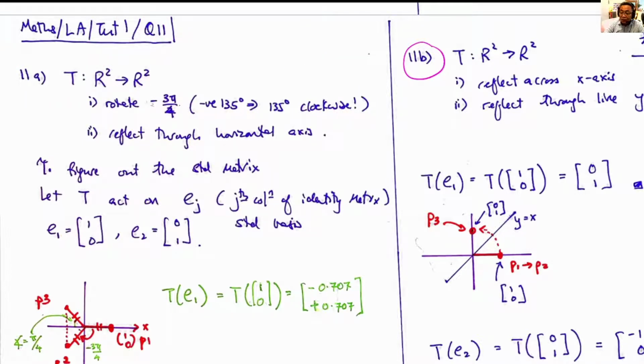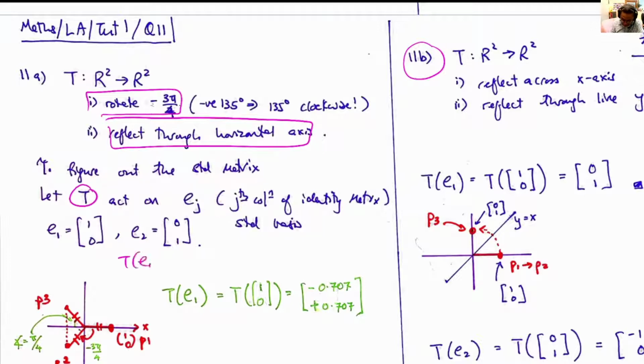So the linear transformation first rotates a point clockwise by minus 3 pi over 4, and second, it reflects along the horizontal axis. We are asked to find the standard matrix T. Remember, the standard matrix T basically says find T of E1, put it as the first column, T of E2 as the second column.